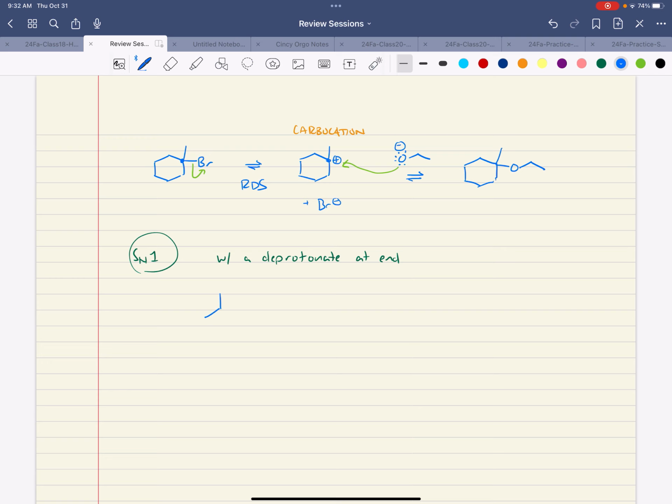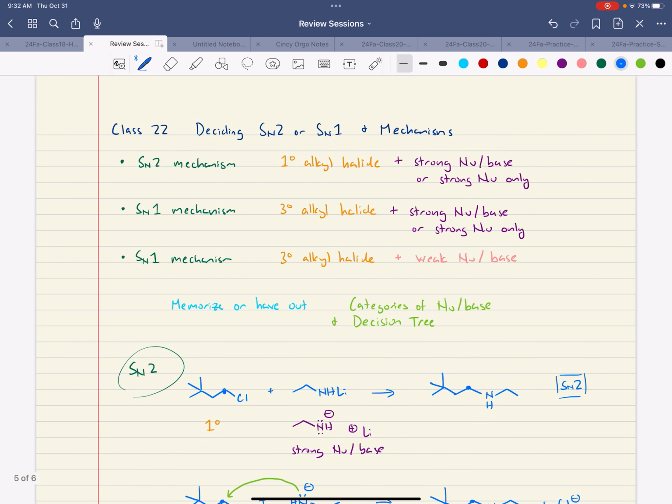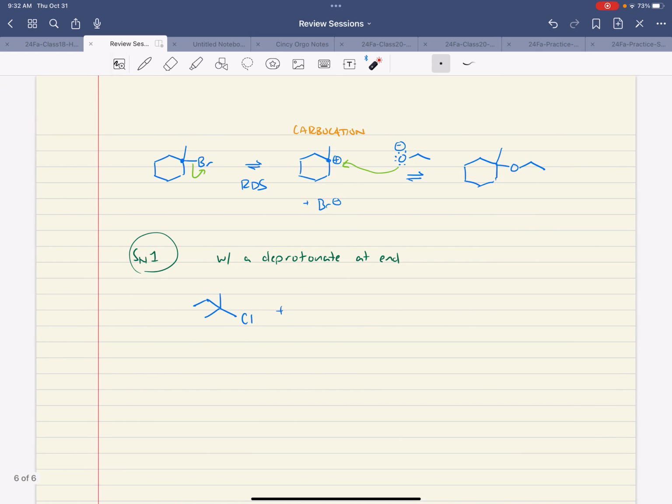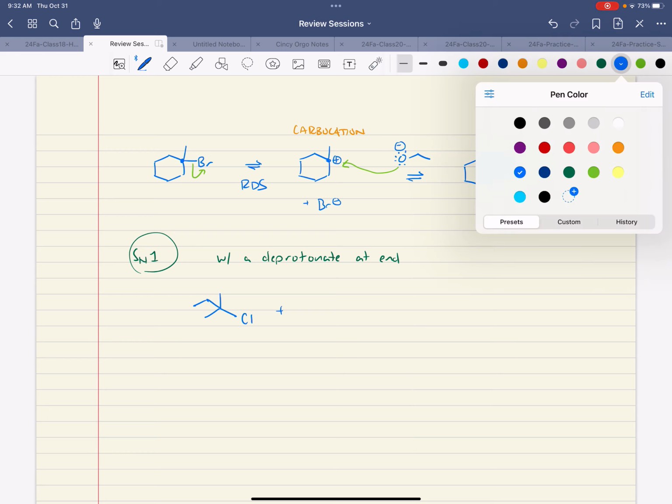Another tertiary alkyl halide. Let's use this one. And I said here, we're going to use a weak nucleophile base with the tertiary alkyl halide. Look at your tables. What's weak nucleophile? What's weak base?